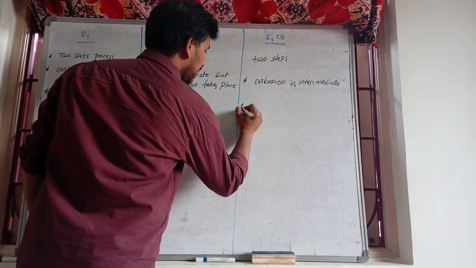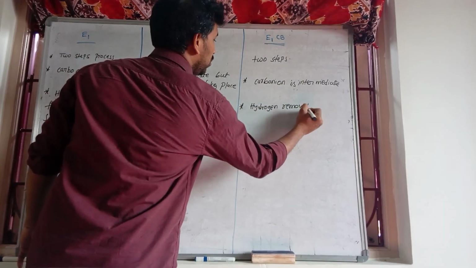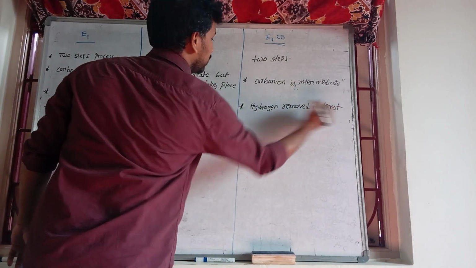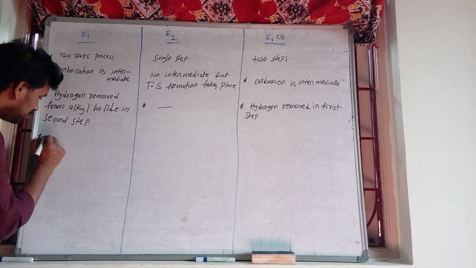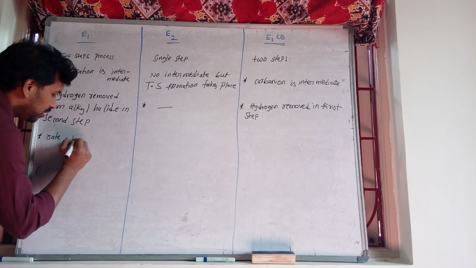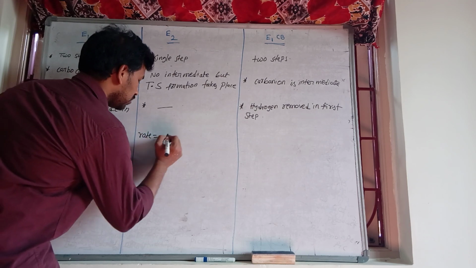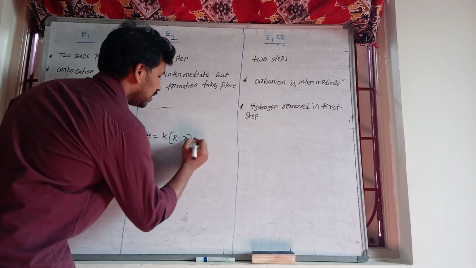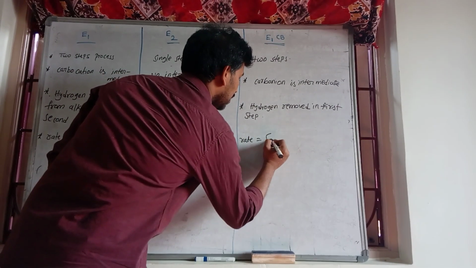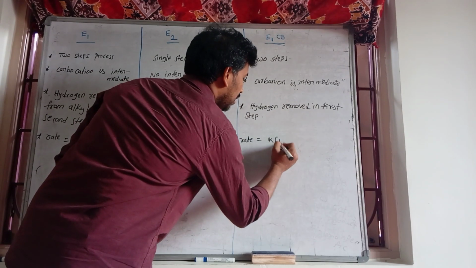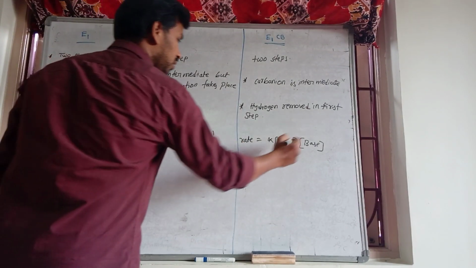But in E1CB, hydrogen is removed in the first step. Next, rate. In E1, rate equals K[alkyl halide]. In E2, rate equals K[alkyl halide][base]. In E1CB, rate equals K[alkyl halide][base], with all powers 1.